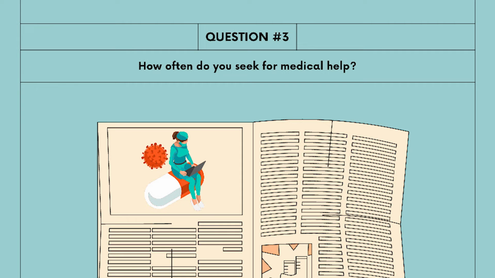It seems it's always difficult to determine when you should see a doctor. With flu season right around the corner, it is wise to be reminded of when we should seek medical attention.